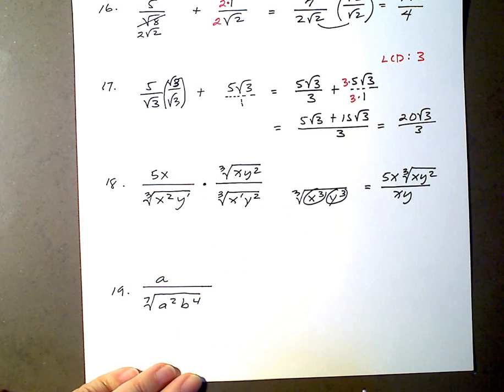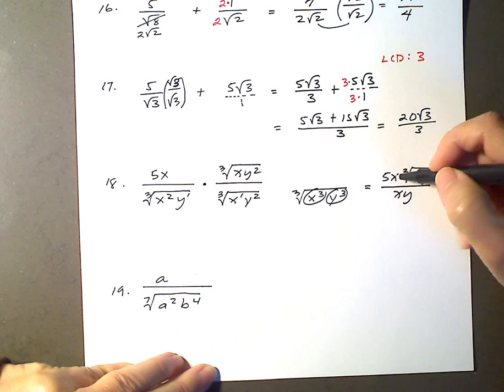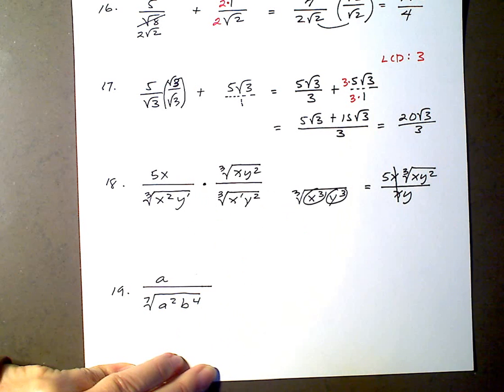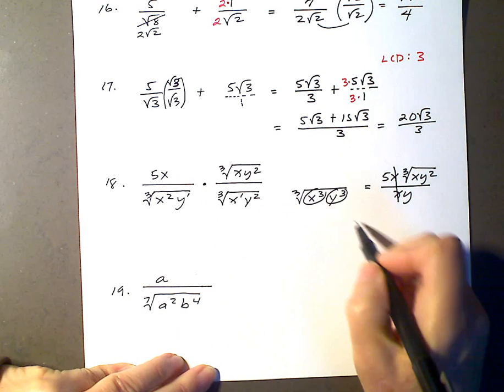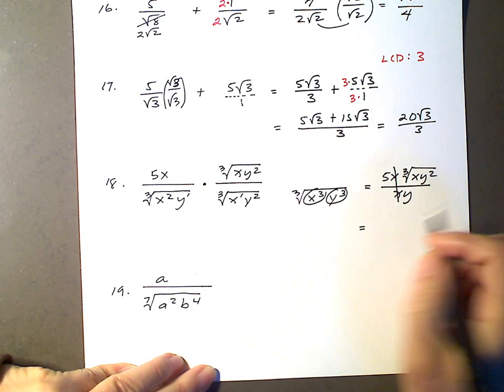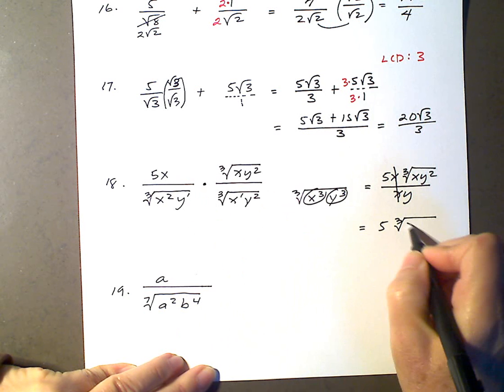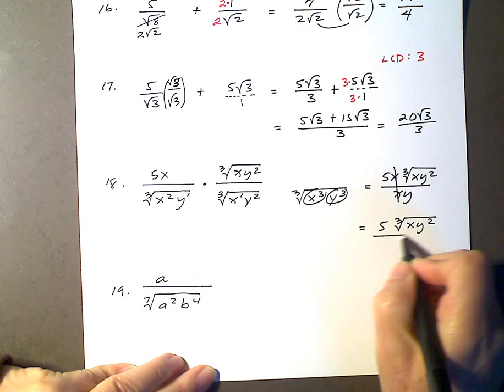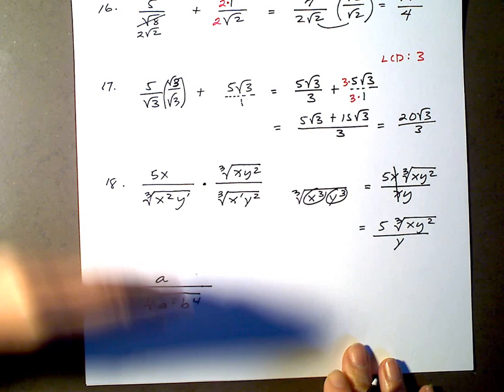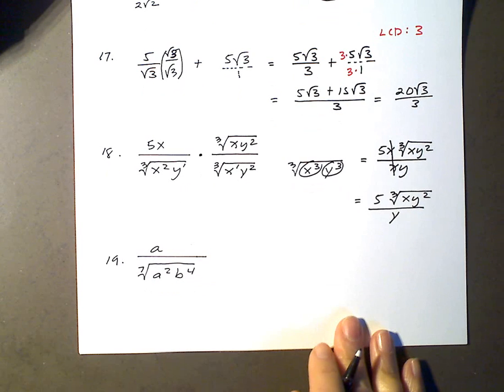So that's that one, and then we use the same property. Whoa, no, not done. X over x. Whoa, careful. X over x is a 1, so I really just have 5 times the cubic root of xy squared all over y. Okay, so 19.